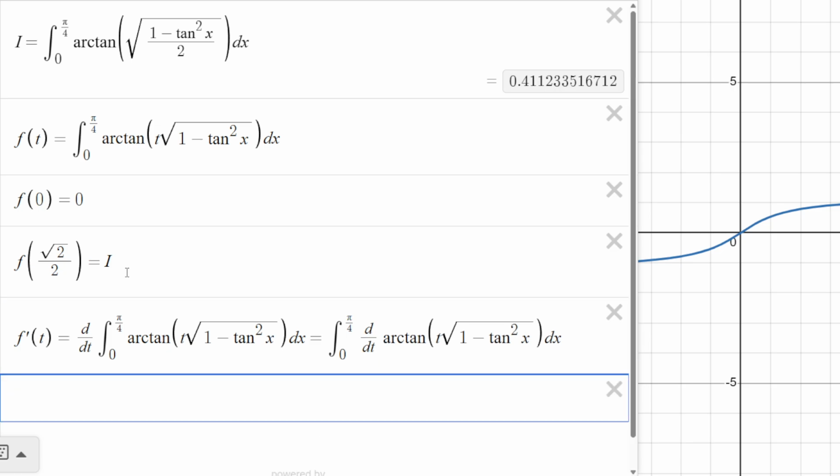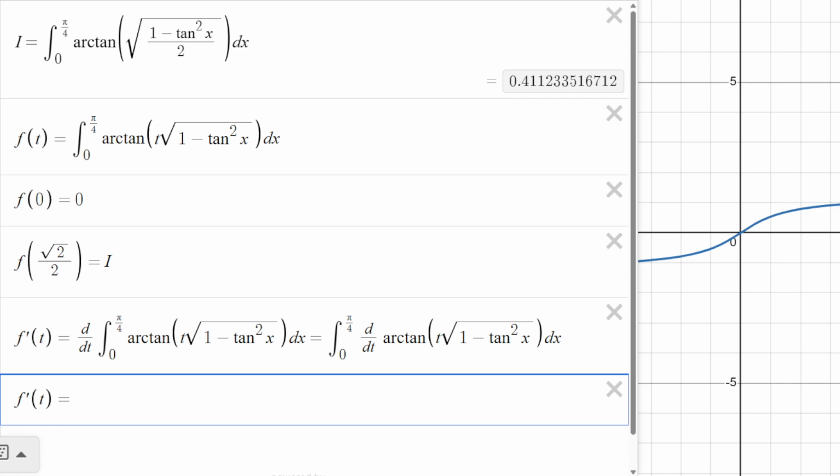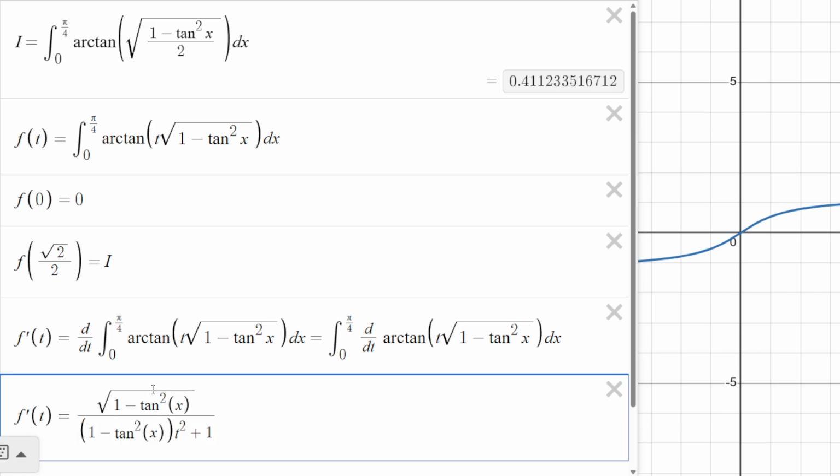All right, now if we evaluated that, it's going to be the integral from 0 to pi over 4 of that dt.